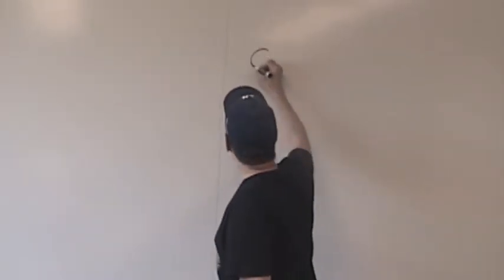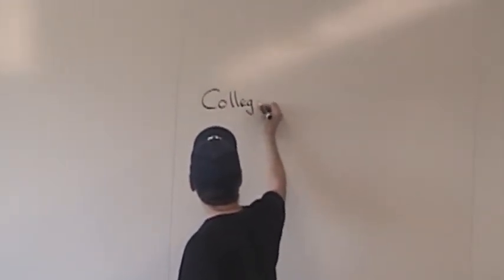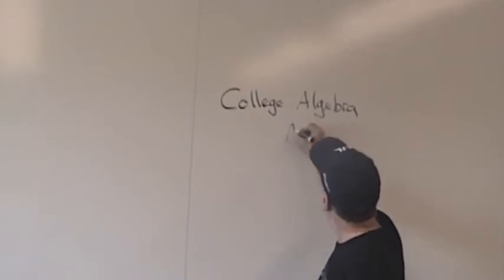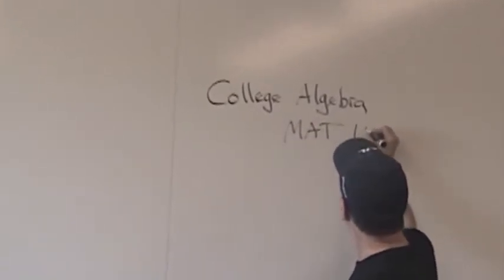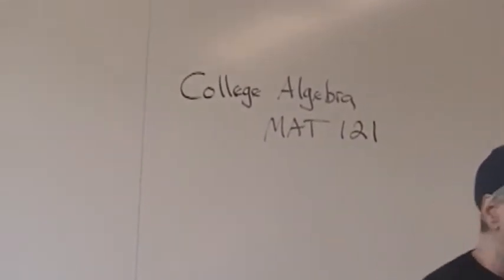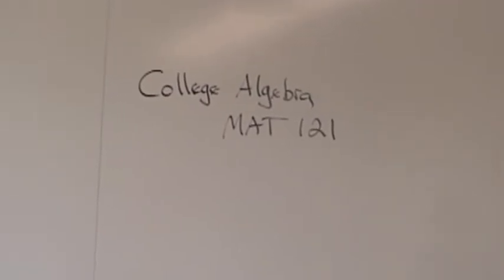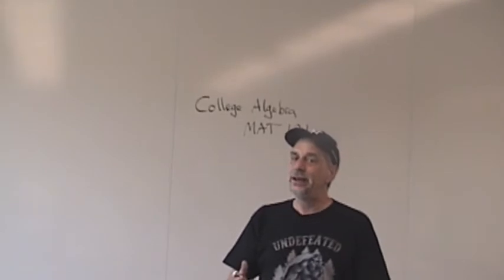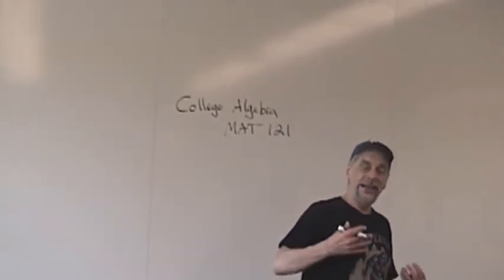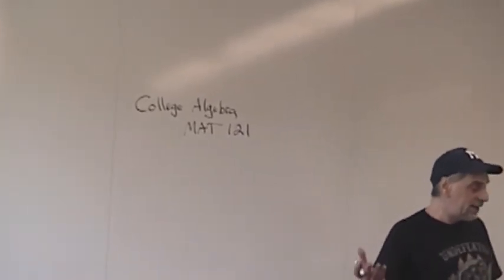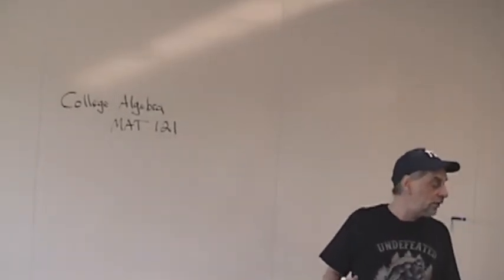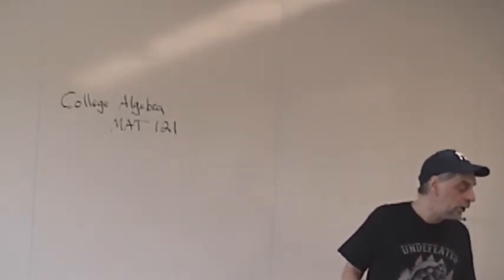All right, so this is college algebra, Math 121. And for chapter 1, I'm going to try to do it in just sections, 10 or 15 minute lessons on each section. So this first 10-15 minute video will cover sections 1.1 and 1.2.